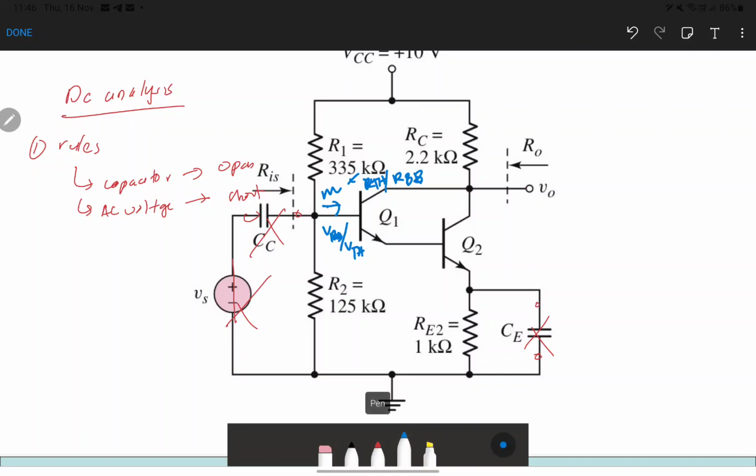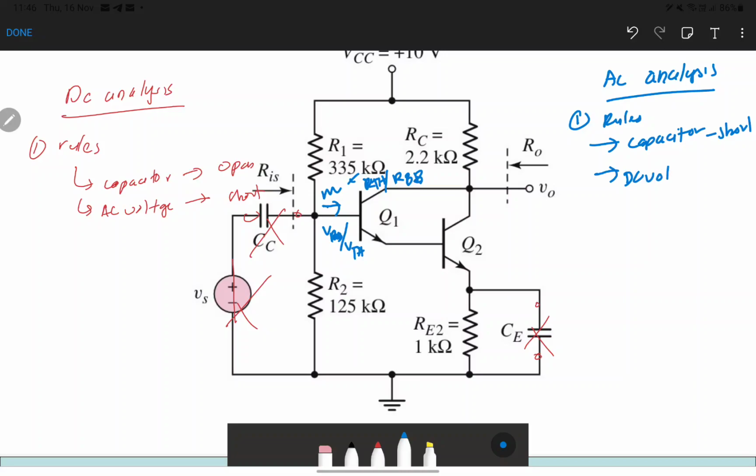Okay, next, after you find the Q point, you need to do this AC analysis. The rule says if you have a capacitor, you need to short it, and if you have a DC voltage source, you need to ground it.